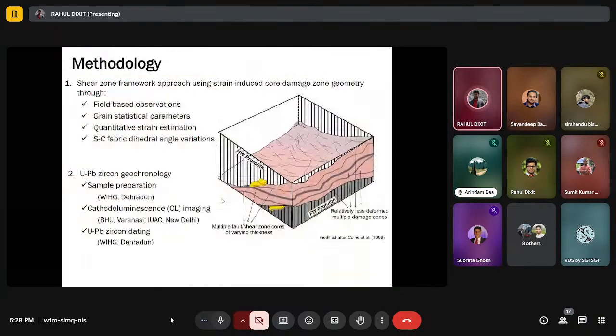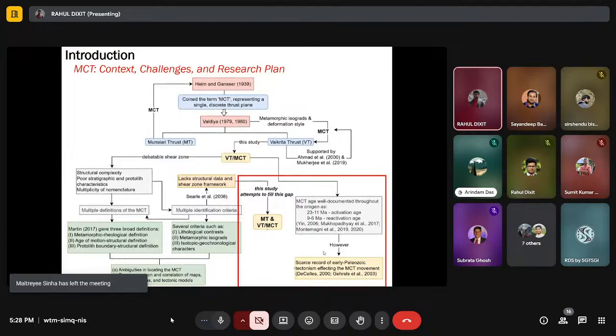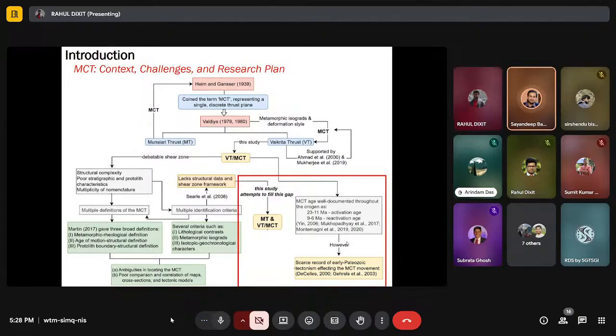Actually, sir, I have not shown the other part of the geochronology work, basically because it is not yet finalized. We have also got some imprints of early Paleozoic tectonism that have affected the MCT movement. I have not covered this part here as it was not yet finalized. But we have got these 23 to 11, 9 to 6 Ma ages.